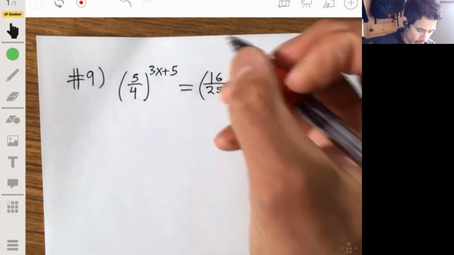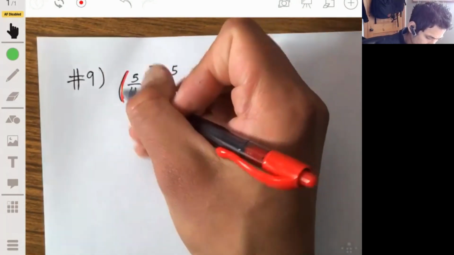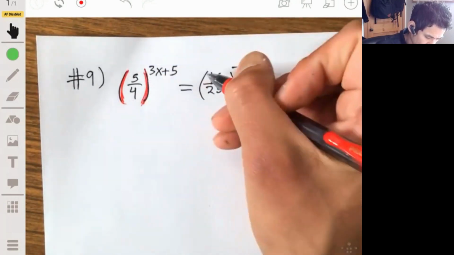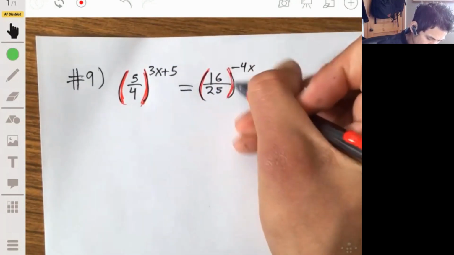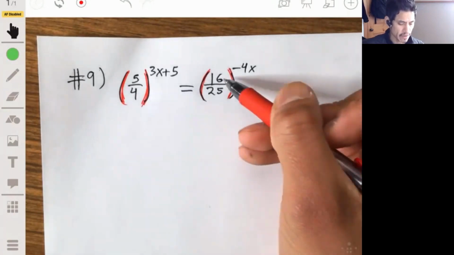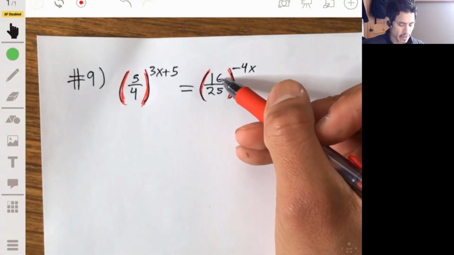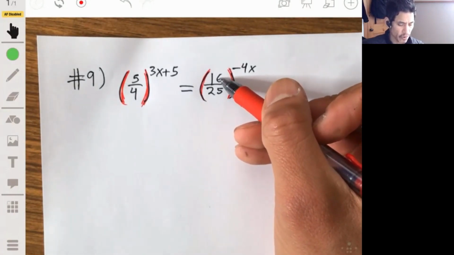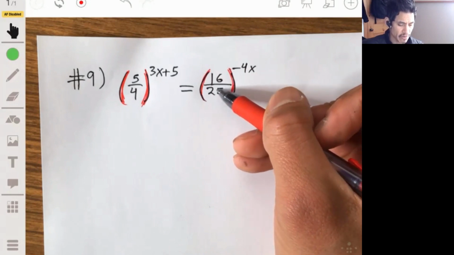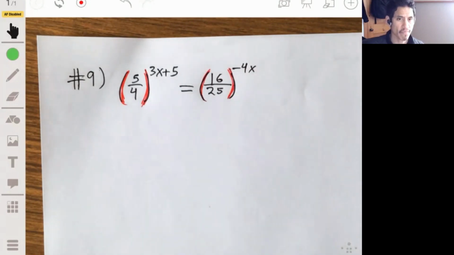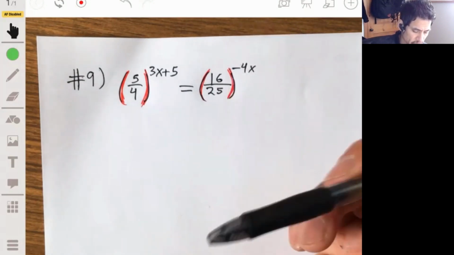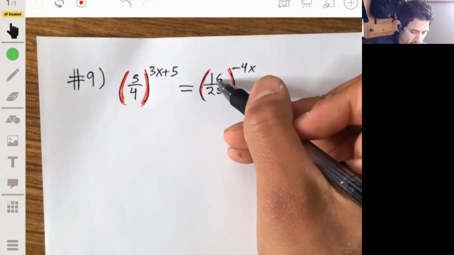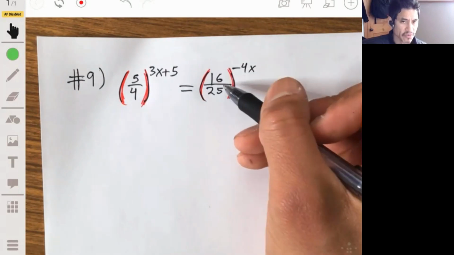All right, here we go. So we're going to make both the bases 5/4, because if you look at this, 16 is the same as 4 squared and 25 is the same as 5 squared. So we can actually rewrite 16/25 as 4/5 times 4/5.